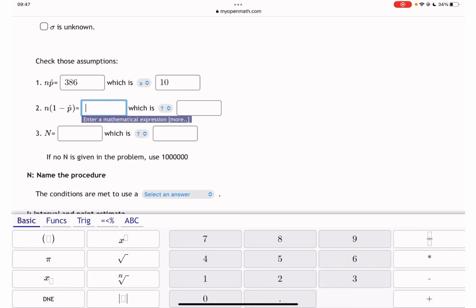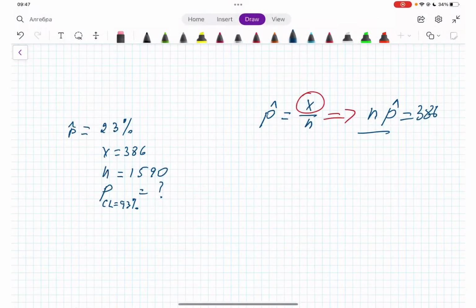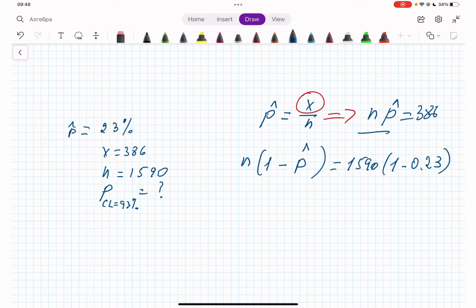Next, n times 1 minus p hat. Let me see an easier way to do this. N is 1590, and 1 minus p hat is 0.77.